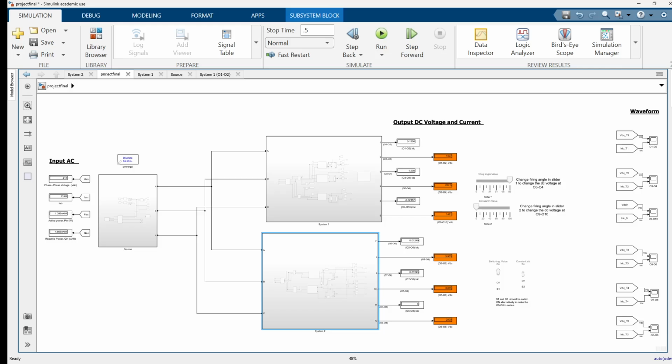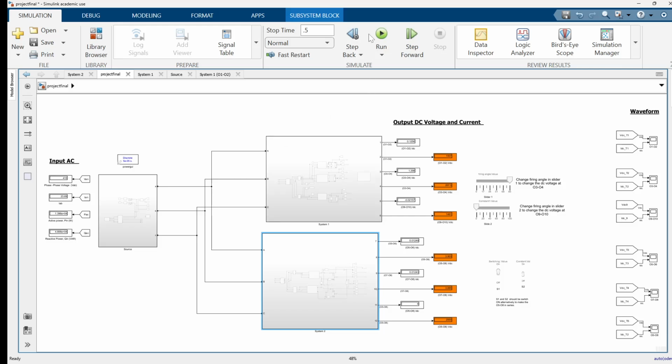Then, by increasing the firing angle, it will reduce the average DC output. For example, at output 3, at zero firing angle the output reaches 2000, and when we increase the firing angle to 85 degrees, the output drops to approximately 200 volt.